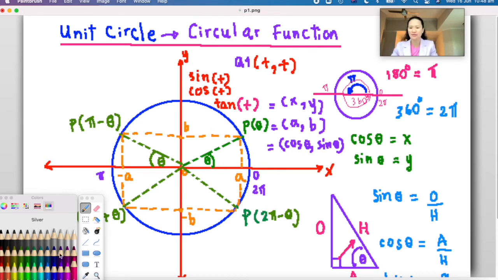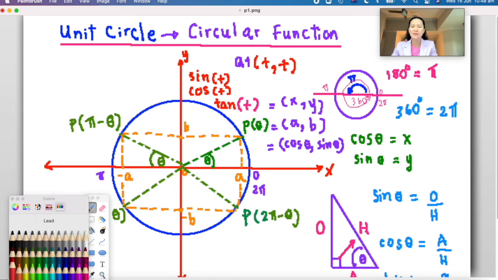Next one. Who is going to tell me about quadrant 2? This quadrant we call quadrant number 2, and of course, our cos is negative, but our sine is positive. So what does it mean? It means that our sine theta is positive.